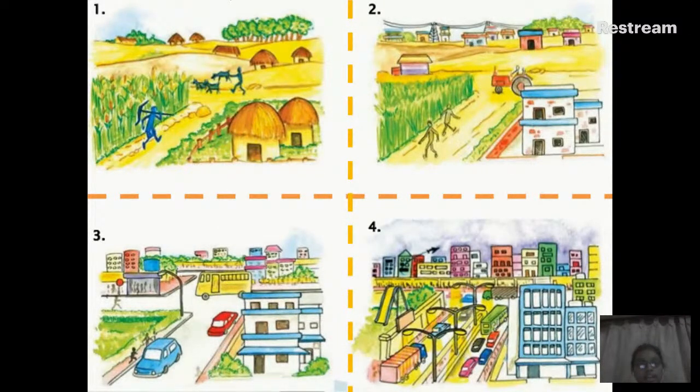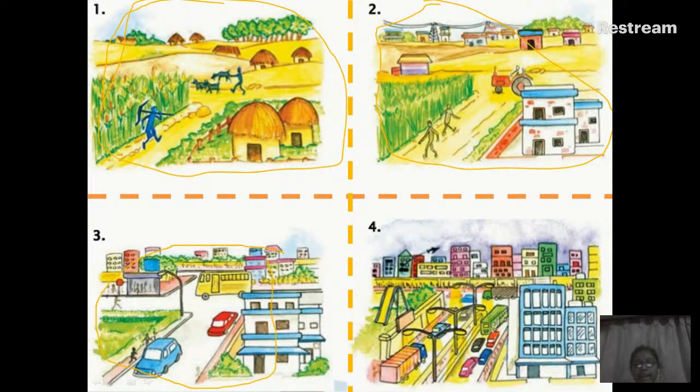As you can see, in the first there are some houses which are not so modified, then some jhoparpatti type houses were built, then buildings were built, and then big complexes were built, as you can see here.